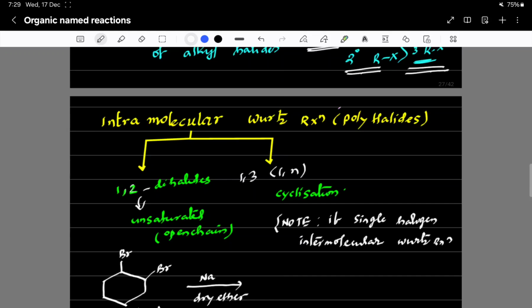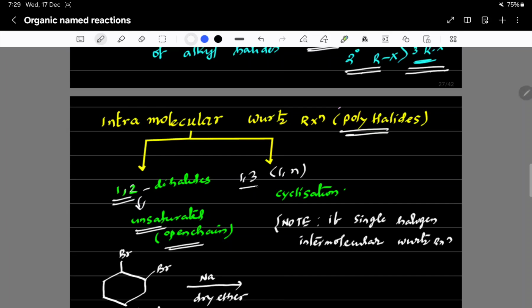But the intramolecular Wurtz reaction takes place with a polyhalide, meaning more than one halogen atom is there. For example, if I have halogens at the 1,2 positions, it will generally form an open chain, unsaturated product, or we can call it an acyclic product. Acyclic is the major product, right?